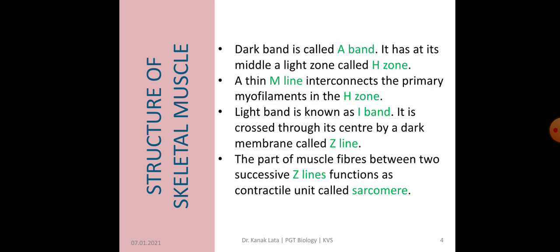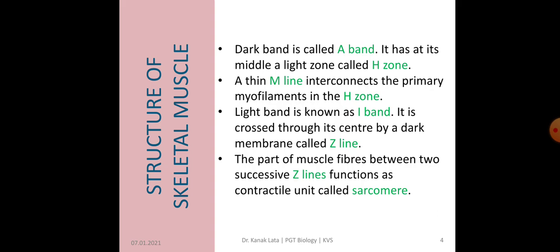In myofibril, dark band is called A band and it has a light zone called H zone in the middle. A thin M line interconnects the primary myofilaments in the H zone. Light band of myofibril is called I band.